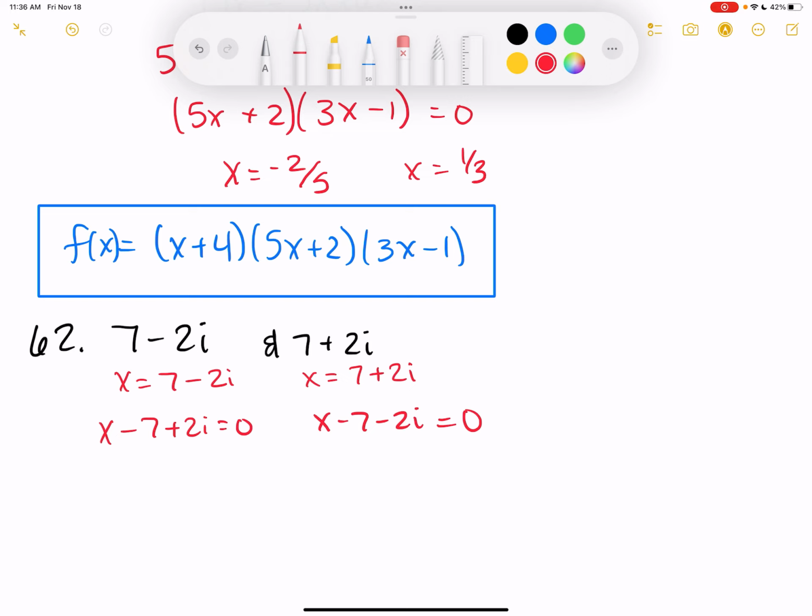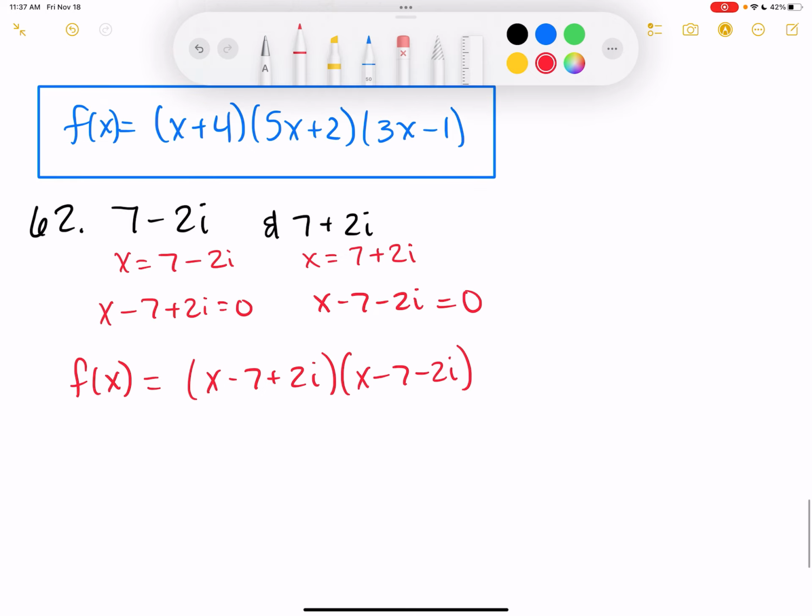And then we're going to multiply these times each other. So f of x equals x minus 7 plus 2i times x minus 7 minus 2i. So I've got basically superfoiling.